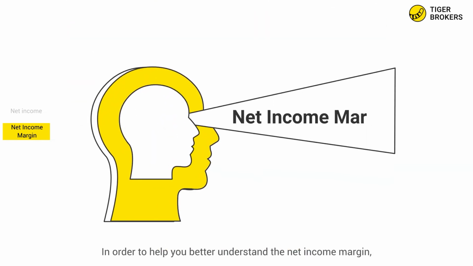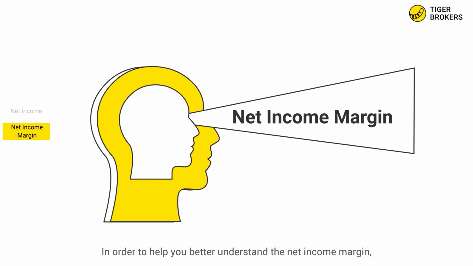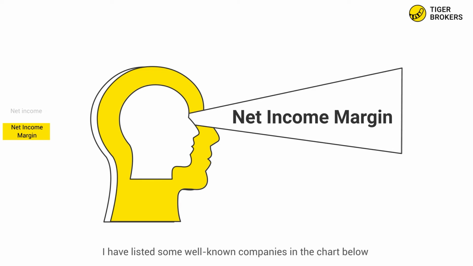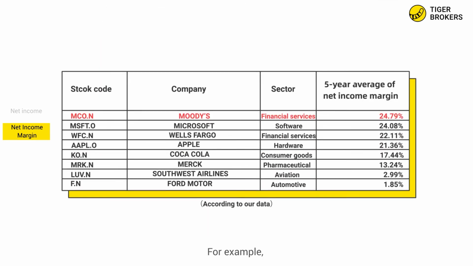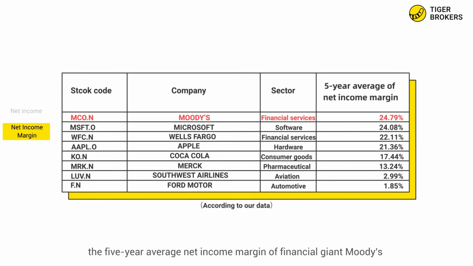In order to help you better understand the net income margin, I have listed some well-known companies in the chart below. For example, the 5-year average net income margin of financial giant Moody's reached 24.79%. Microsoft reached 24.08%. Wells Fargo Bank and Apple reached 22.11% and 21.36% respectively.